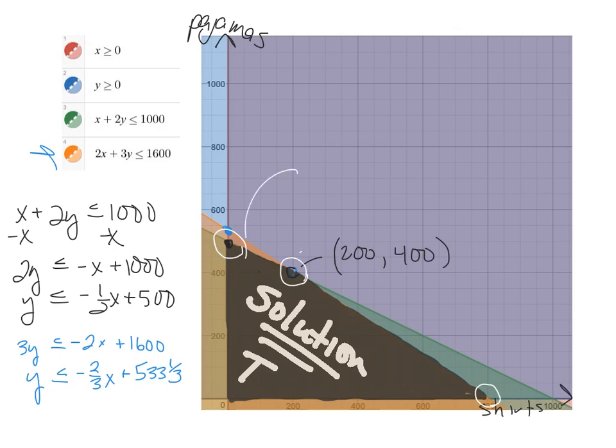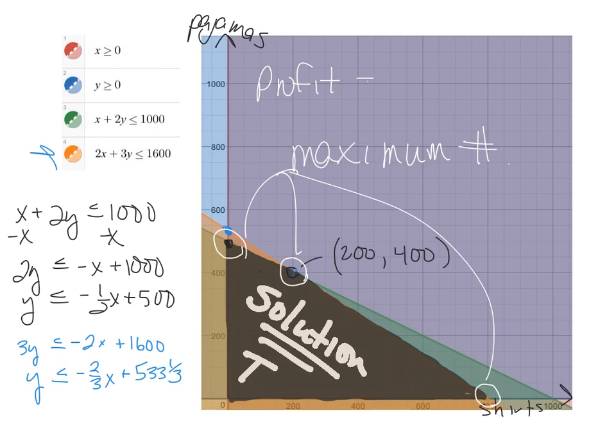So that would be the maximum number of shirts and pajamas, and that's going to be your most profit, where profit is going to be $10 per shirt and $18 per pajamas, right?